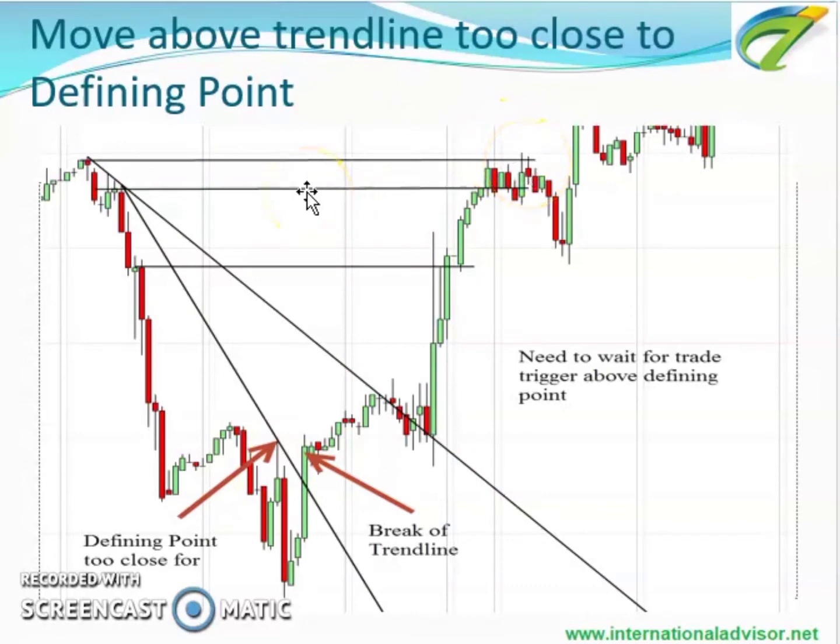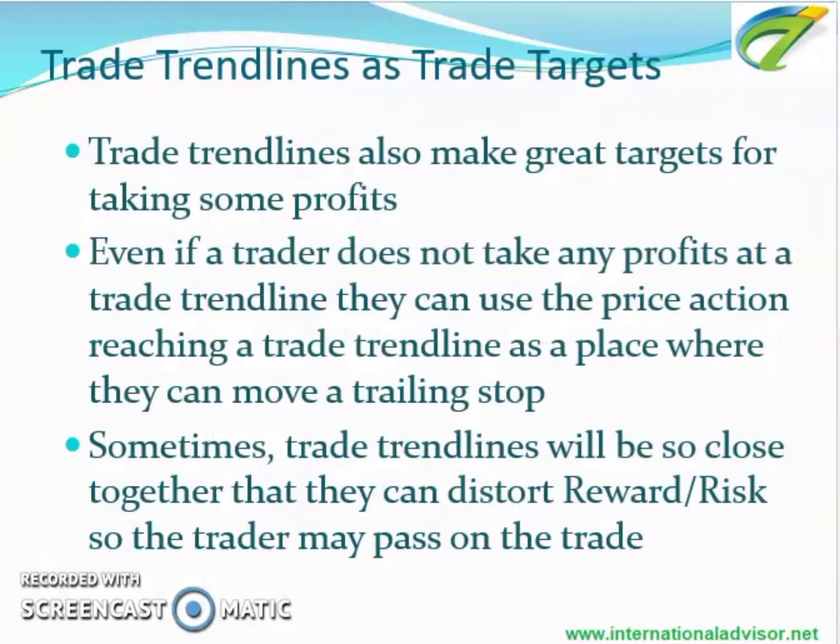Right now we are not discussing the other technical indicators, just the simple strategy of entering the trend line upon its breakage. Trade trend lines also make great targets for taking some profits. Even if a trader does not take any profit at a trade trend line, they can use the price action reaching a trade trend line as a place where they can move the trailing stop.